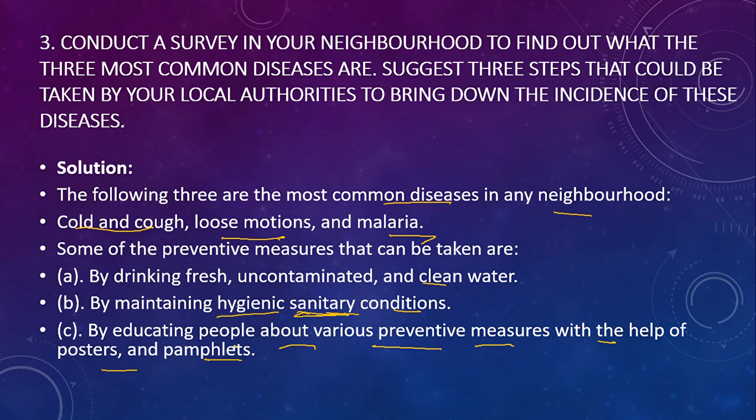So they will start cleaning their surroundings, and by this there will be no vectors or flies in the whole society. So rather than cleaning every place in the society or every other household, if you concern yourself with cleaning your household and educating other people, that will bring more change in the society.